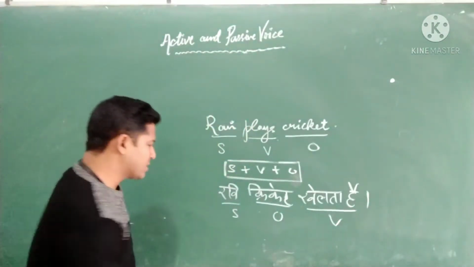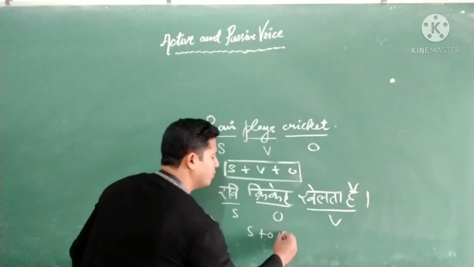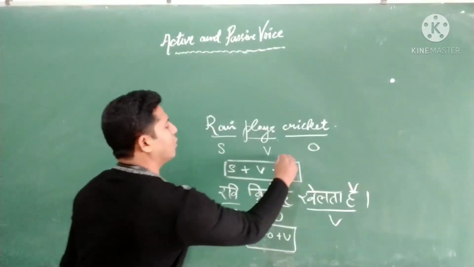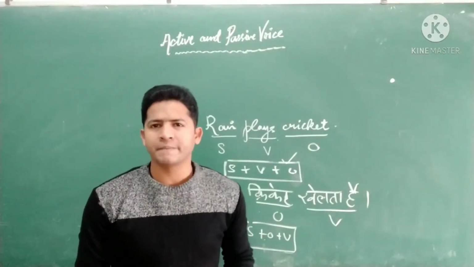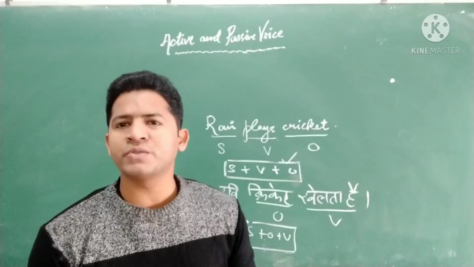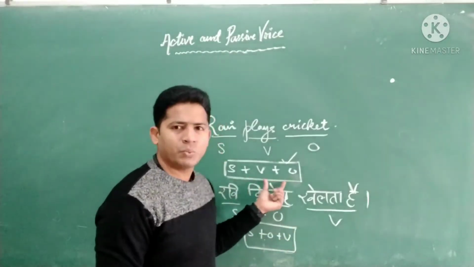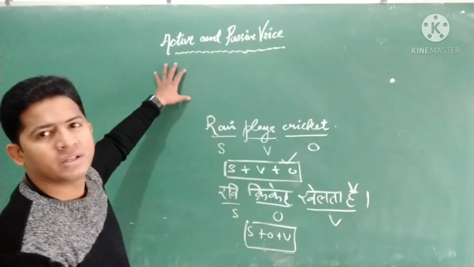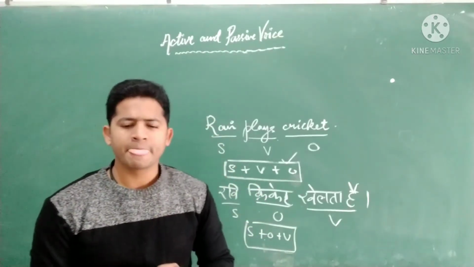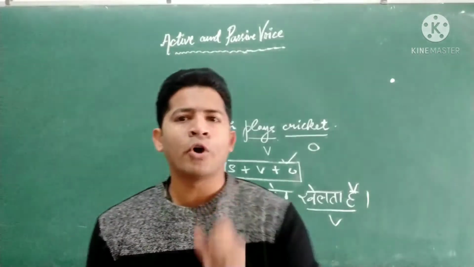So the structure is different, S plus O plus V. In English we follow the S plus V plus O structure for general sentences. The sentences which follow the structure S plus V plus O in English come under active sentences or active voice.